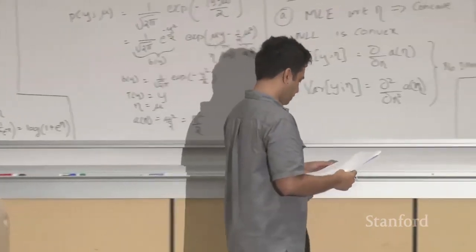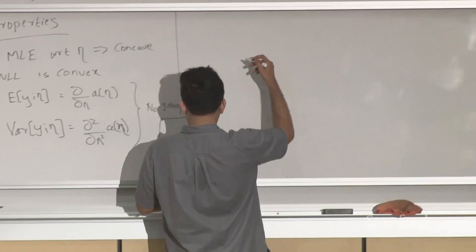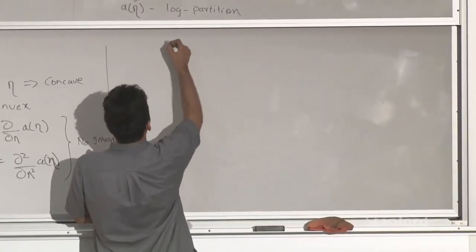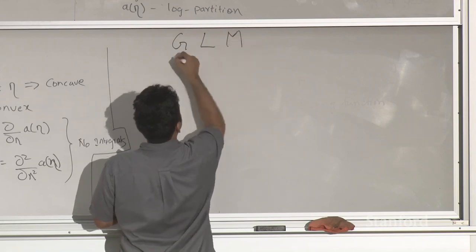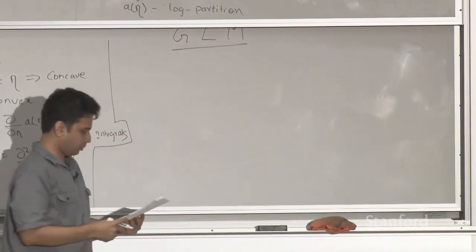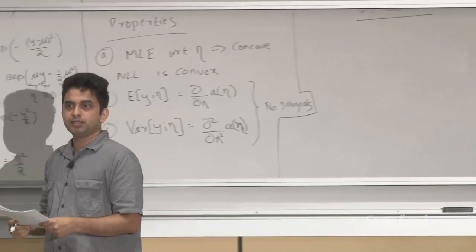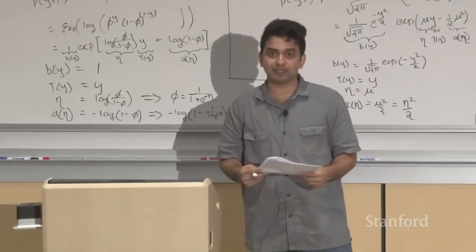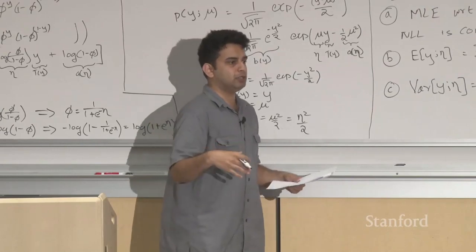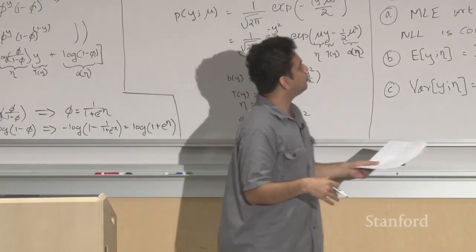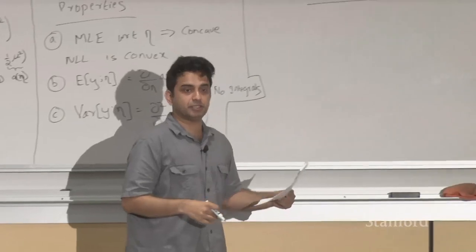All right, let's move on to GLMs. The GLM is somewhat like a natural extension of the exponential families to include covariates or your input features in some way.